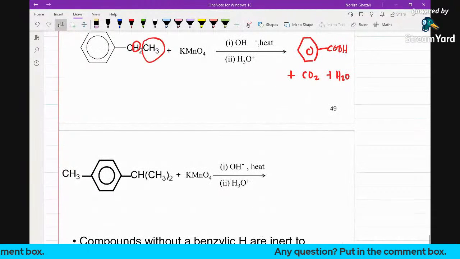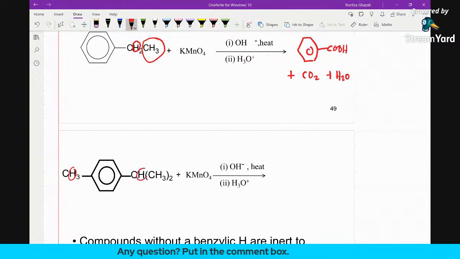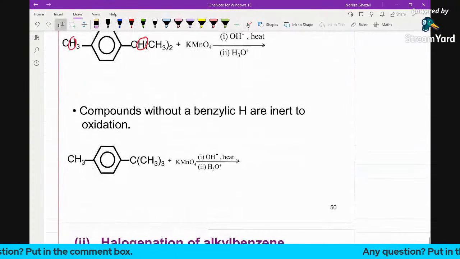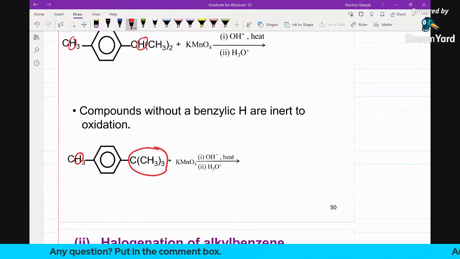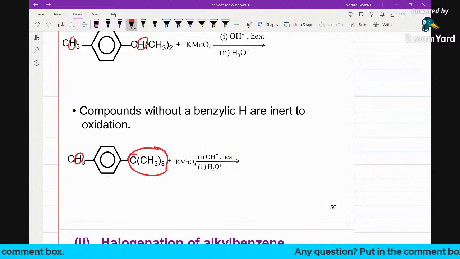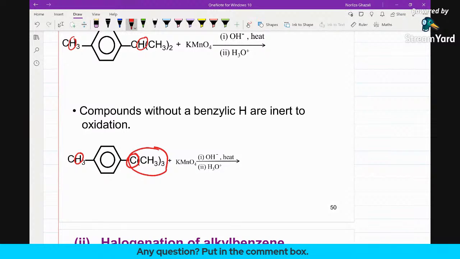Alright, so this one also has benzylic hydrogen. This one also has benzylic hydrogen. Okay, later you can write it yourself. This part has it, but this one does not. The carbon here has no benzylic hydrogen.